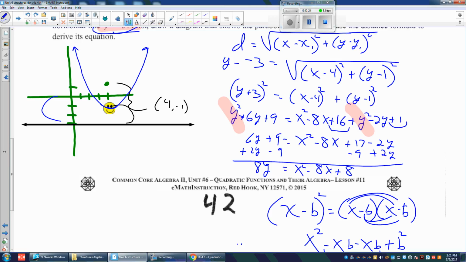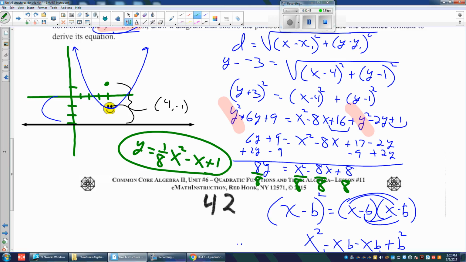Divide everything by 8. And I am left with y equals 1/8 x squared minus 1x plus 1.